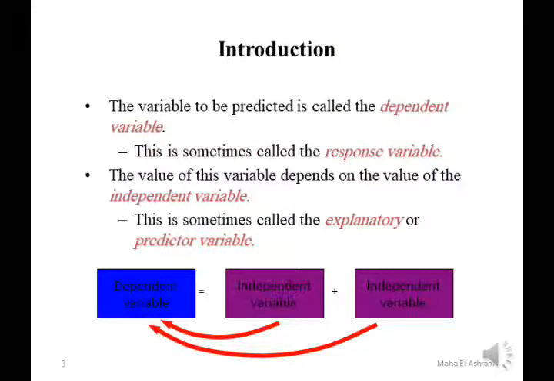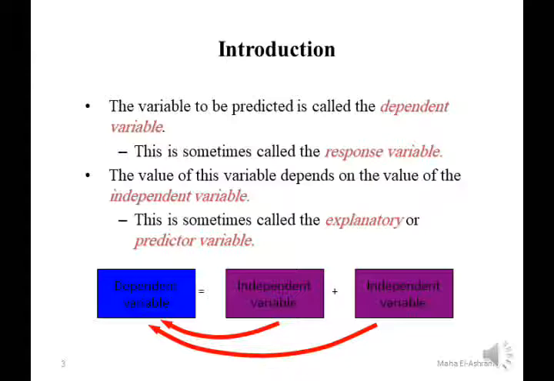As we said, the variable that we need to predict is the dependent one, or sometimes it is called the response variable. So sometimes you use this word response variable instead of dependent variable. The value of this variable depends on the values of the independent variable. So the dependent variable or response variable is denoted by y. The independent variable is denoted by x.